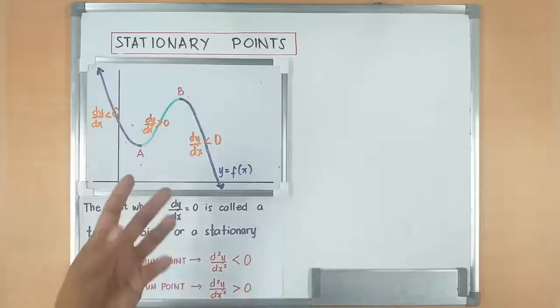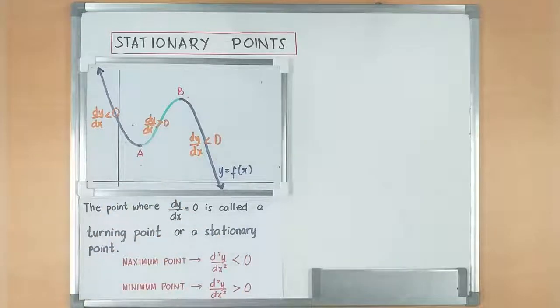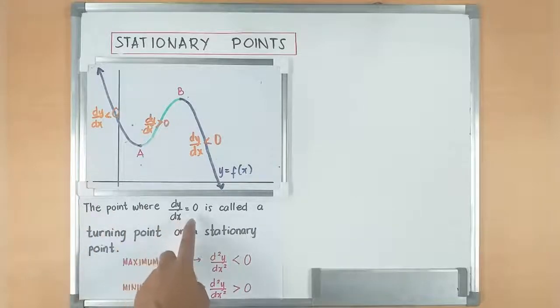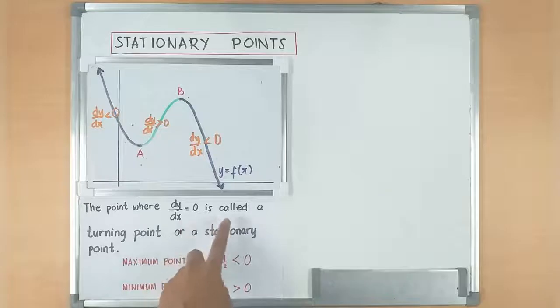And why do we call them stationary points? They are called stationary points because at these points dy over dx is equal to 0. The derivative of y in terms of x will be equal to 0. That's why it's called a stationary point.